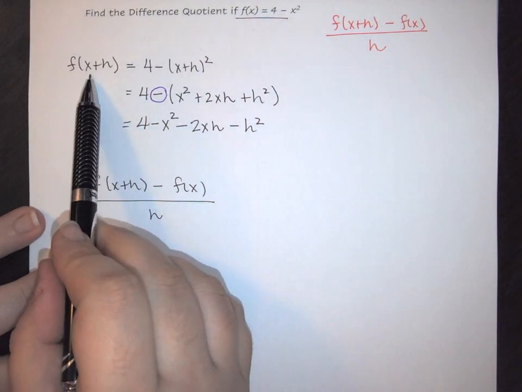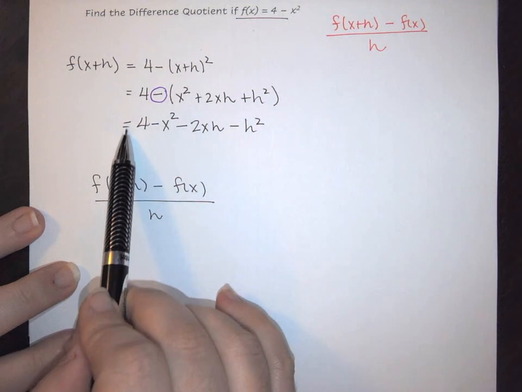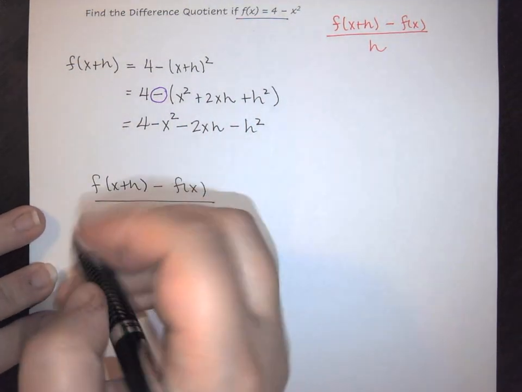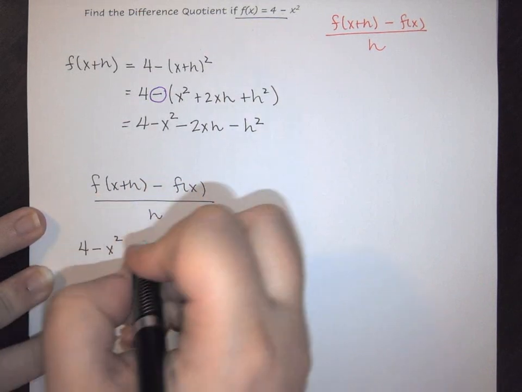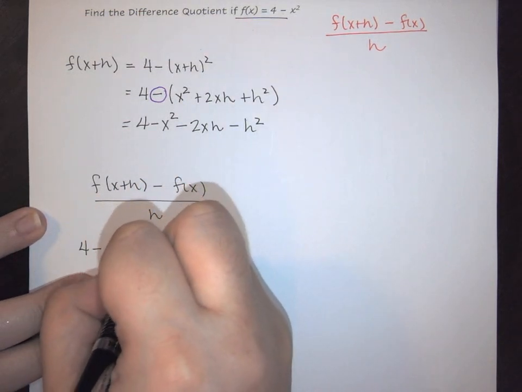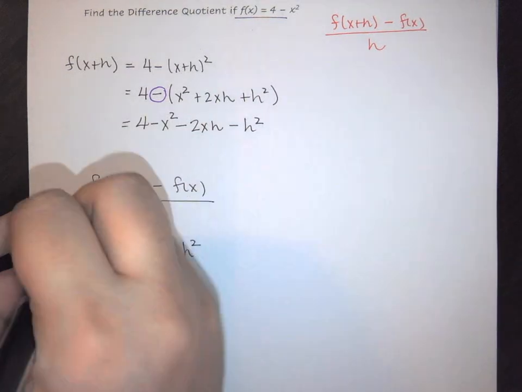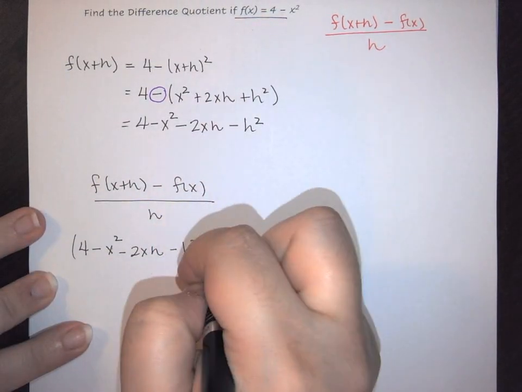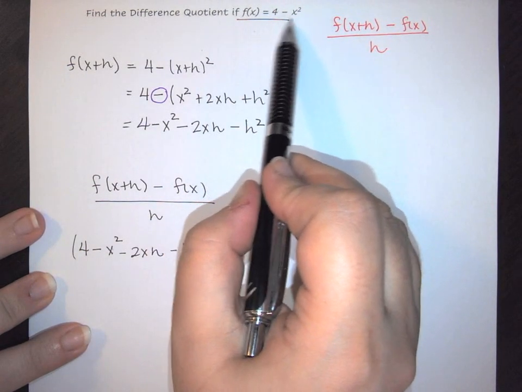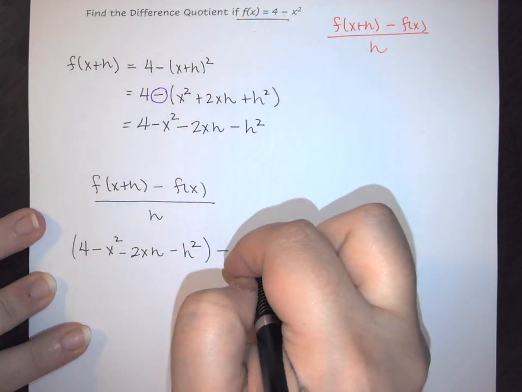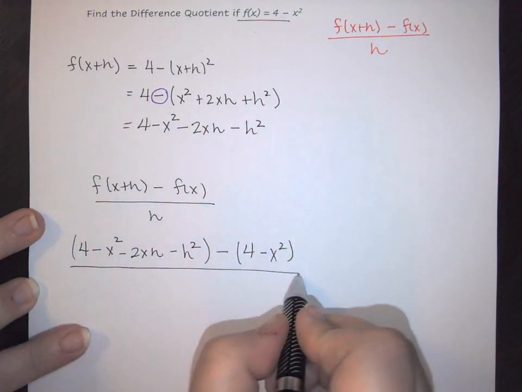So we have f of x plus h is going to be this piece right here, so we plug that in first. This is 4 minus x squared minus 2xh minus h squared. This is my first piece, and we're going to subtract that away from f of x. Well, f of x is the part that was given, so this is going to be subtracting out 4 minus x squared. And the whole thing is over h.